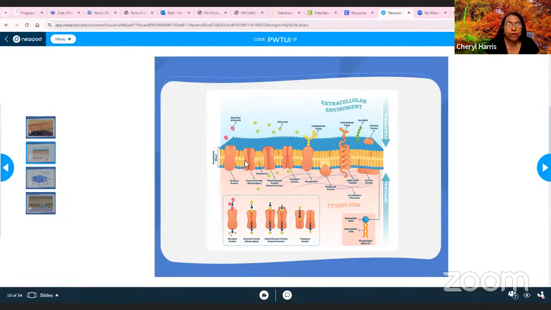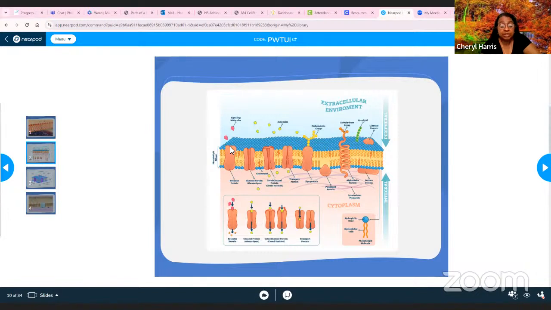You have your big things embedded in the cell membrane. These are our protein channels. Down at the bottom, they show you a protein channel, and then we have carrier proteins. They show you that they have receptor sites at the top and the bottom, so the molecule knows it can sit on that site and lets the receptor know that this molecule needs to get in.